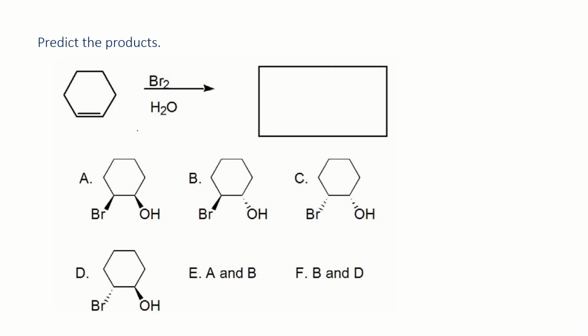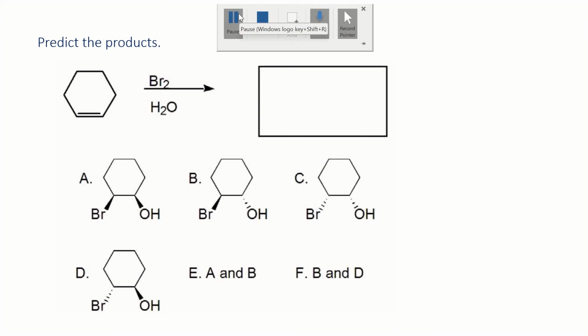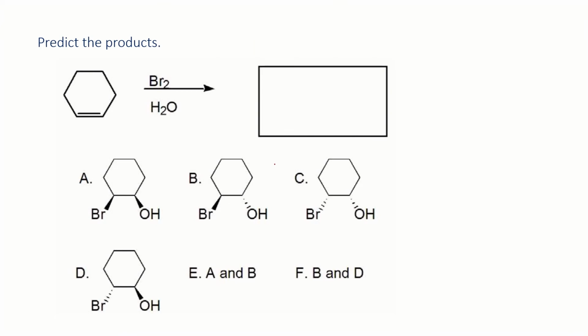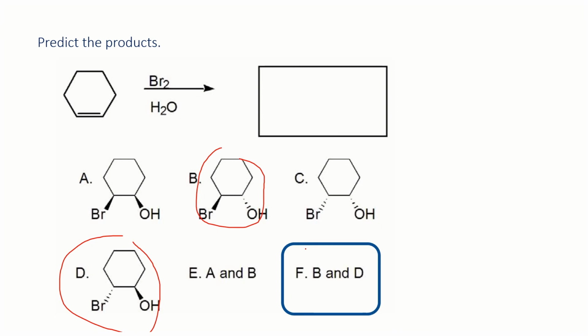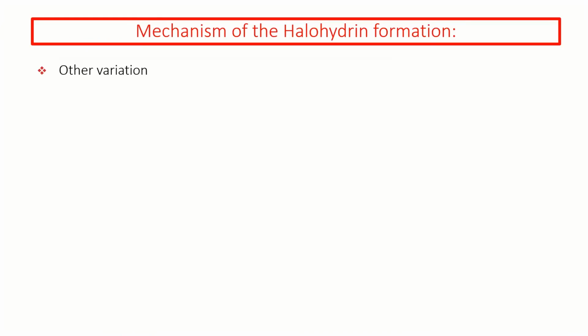Here, I asked you to predict the products. Pause right here and try to figure out what the correct response is. Of course, you realize by now that it has to be a trans arrangement, and you can see that both B and D have the anti-arrangement of the bromine to the other variations.